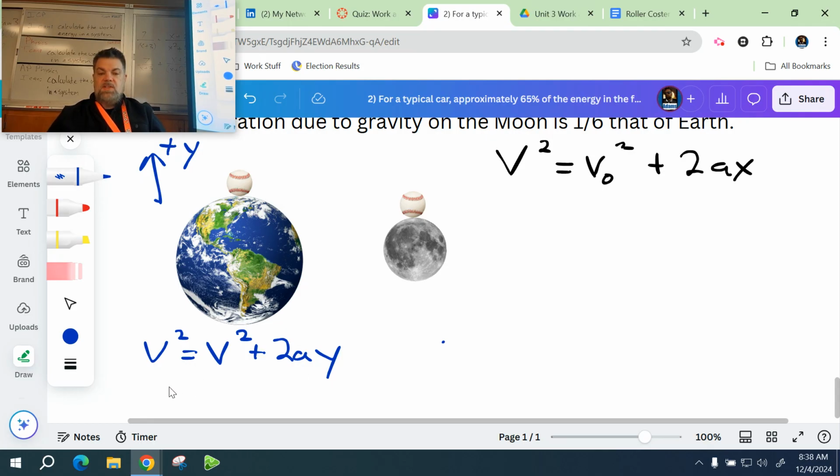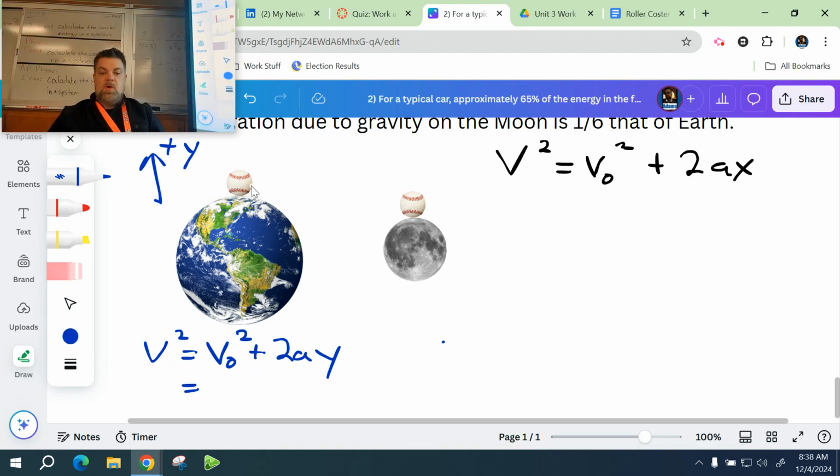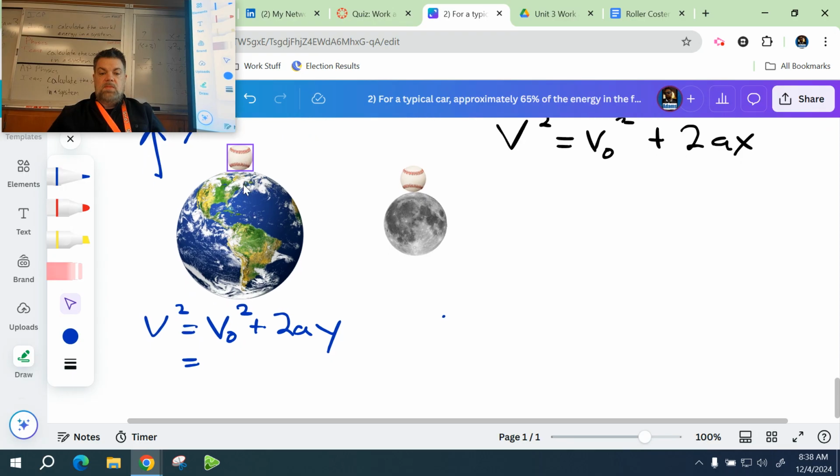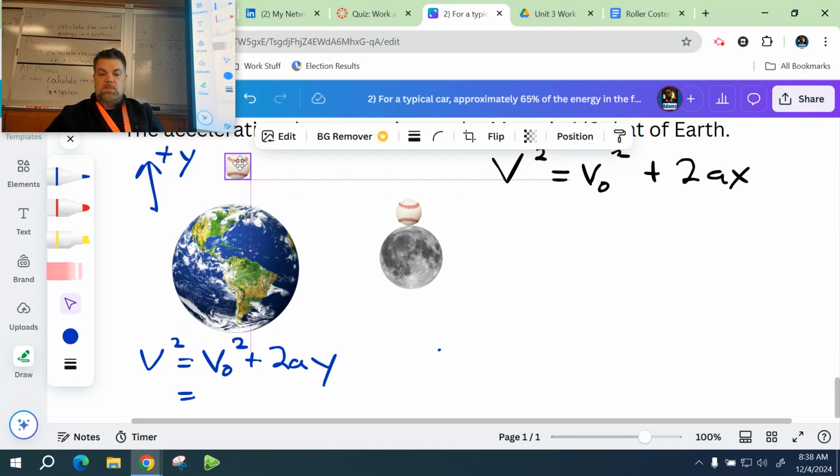And so what is the initial velocity of the ball? I know that it is 10 meters per second. So I throw the ball up in the air, right? At the very height of the ball, at the maximum height of the ball, right there, what is the velocity?